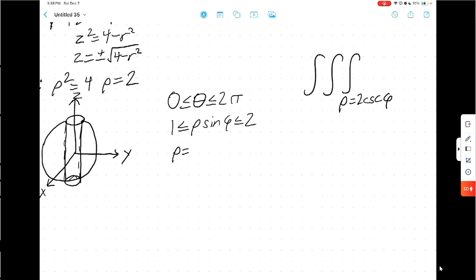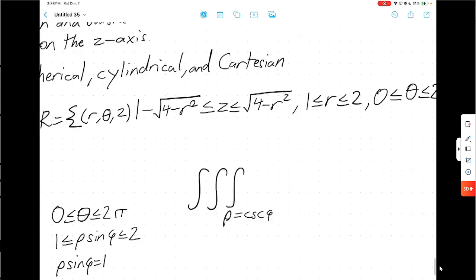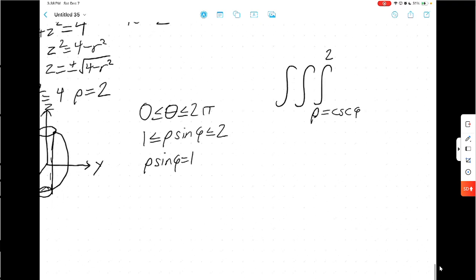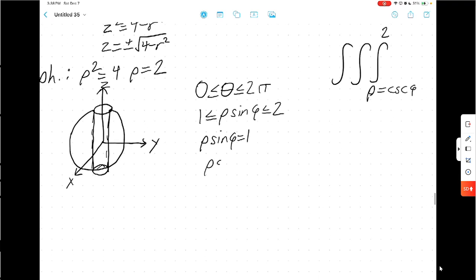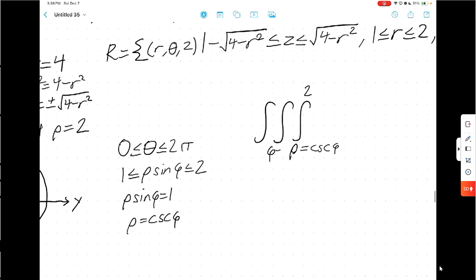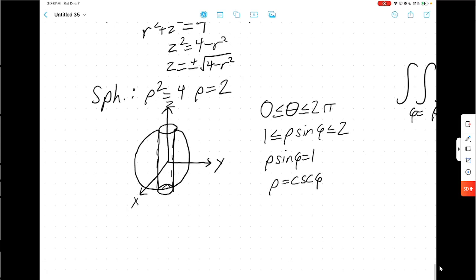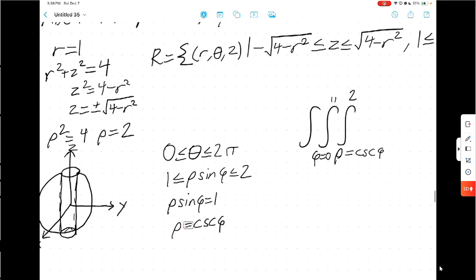Oh my god, why am I messing up here? The cylinder defines it as rho sine phi is equal to 1, so rho is cosecant phi. And then phi can just go from 0 to pi, and theta is just 0 to pi over 2.